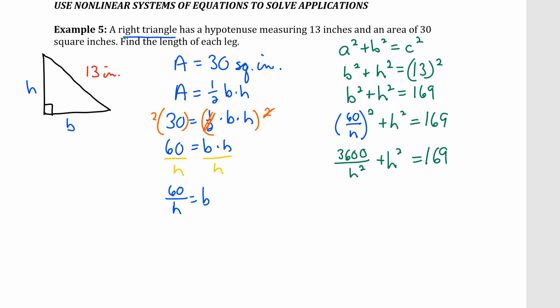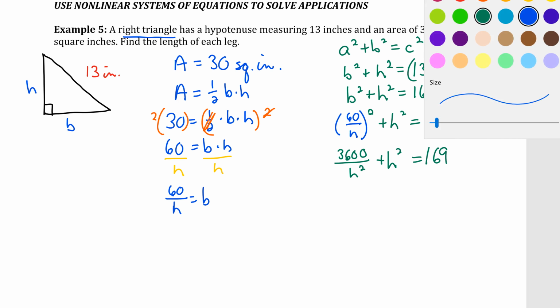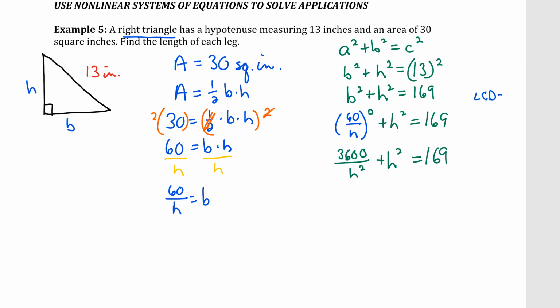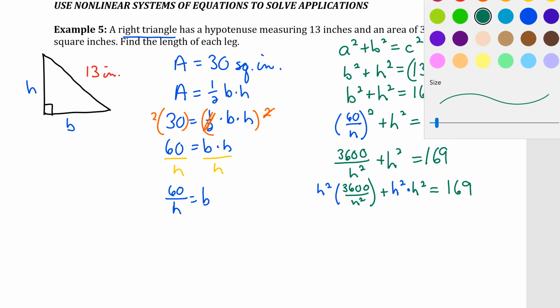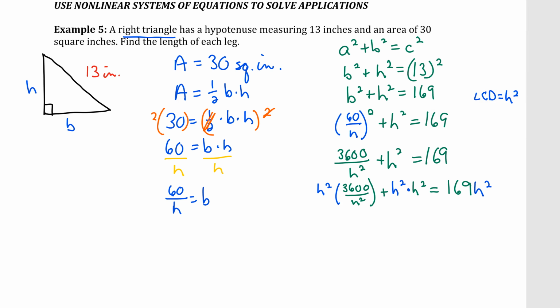This actually has a denominator, so it's a rational equation. So I need to get my LCD, which is going to be h squared. So I'm going to multiply each thing by an h squared. Remember, I multiply every single term by this h squared. So I have my LCD times my regular h squared is equal to 169 times my h squared.